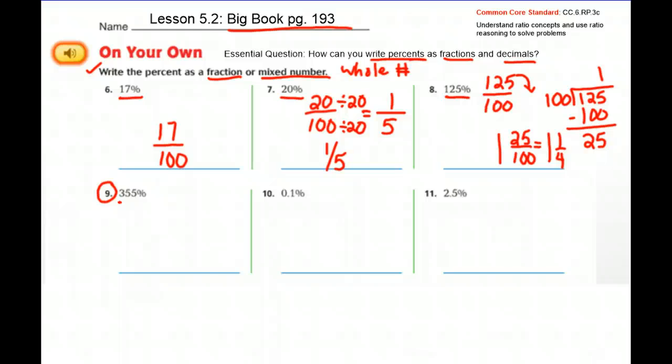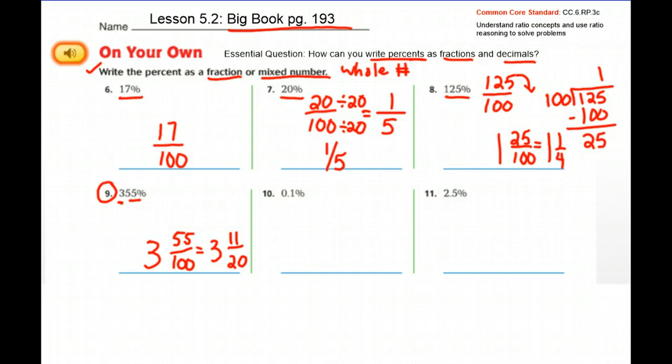I notice that I have 3 in the hundreds place, which means I have 300s. I have 55 in the tens place, basically. So I have 55 over 100. And I can reduce that down by dividing a 5 out of our top and bottom to a final reduced answer of 3 and 11/20.